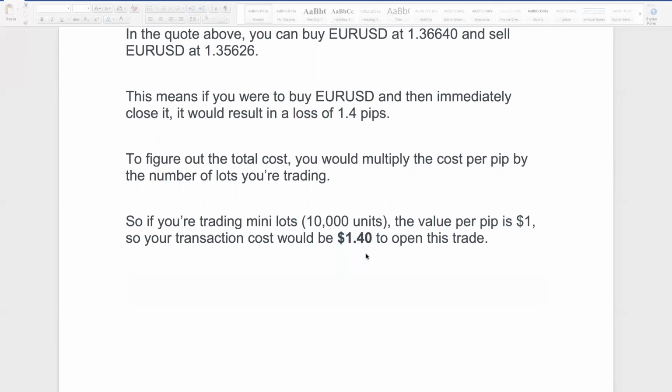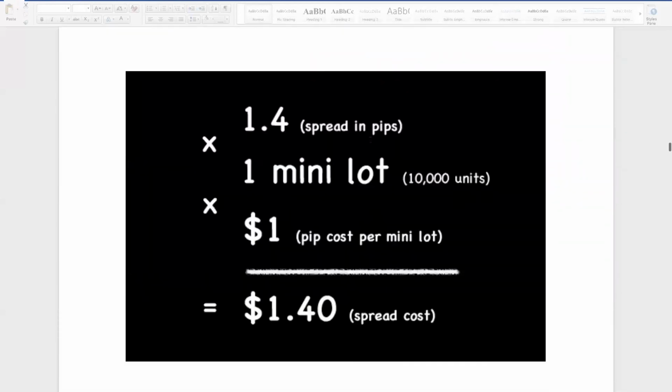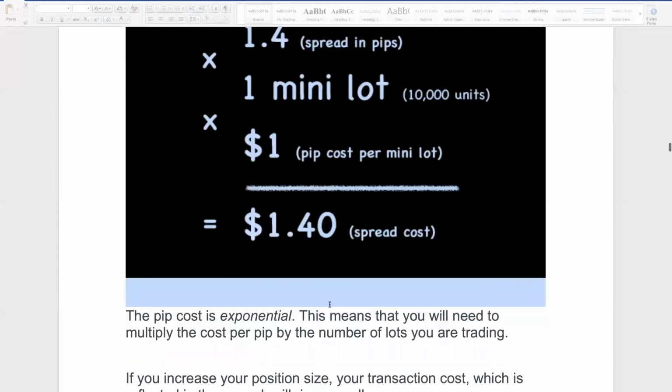The moment you place a trade, you start in a loss because that money is going to the broker. So we say 1.4 spread in pips, 1 mini lot, that's 10,000 units, that is 0.1. So you get $1 per pip. So you get your spread, that's why it's $40.